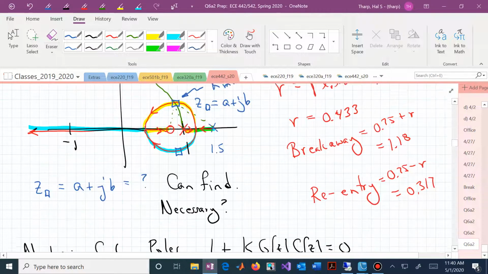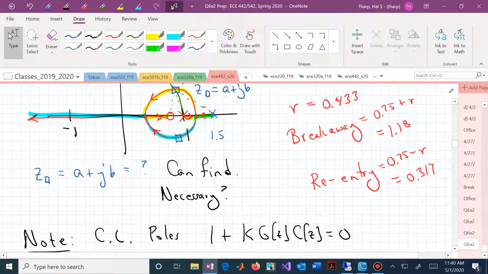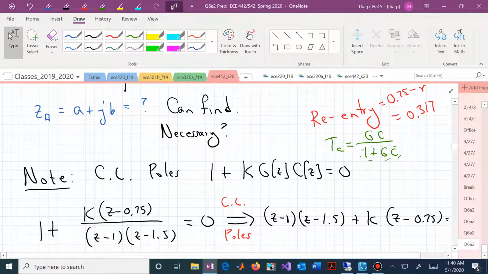We know that the closed loop poles are given by, because of this standard configuration, T sub C is GC over 1 plus GC. Our closed loop dynamics are governed by that denominator expression. That expression for this particular problem was the PI controller and the plant. So that's K over this times this 0 over these two poles.